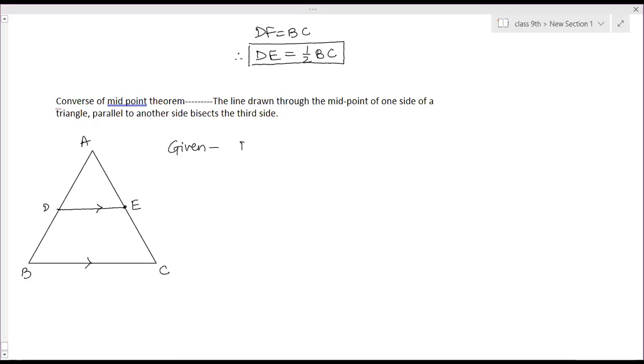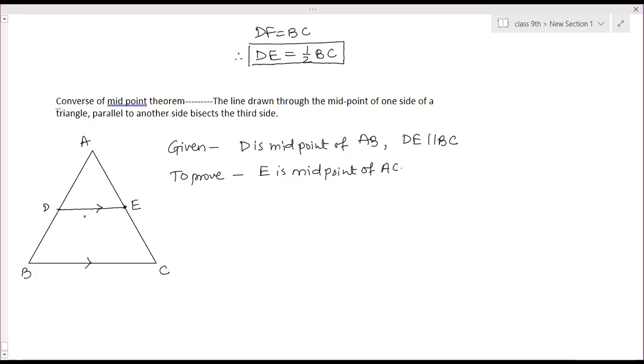Given D is the midpoint of AB and DE parallel to BC. To prove E is the midpoint of AC. Here is also a construction. We have to produce DE such that DE is equal to EF and join that point to C.